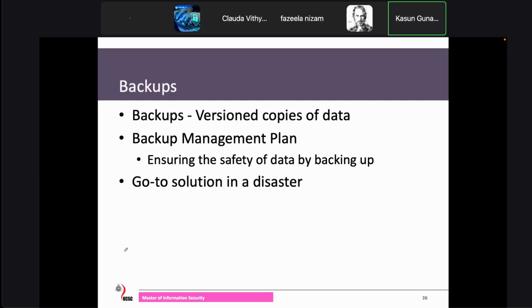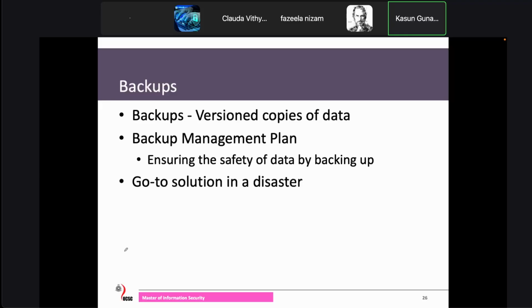Backups play a very important role in modern databases. A backup is a version copy of data or the database. It's an intentional copy you take, right? It can be about data or maybe program files or whatever.